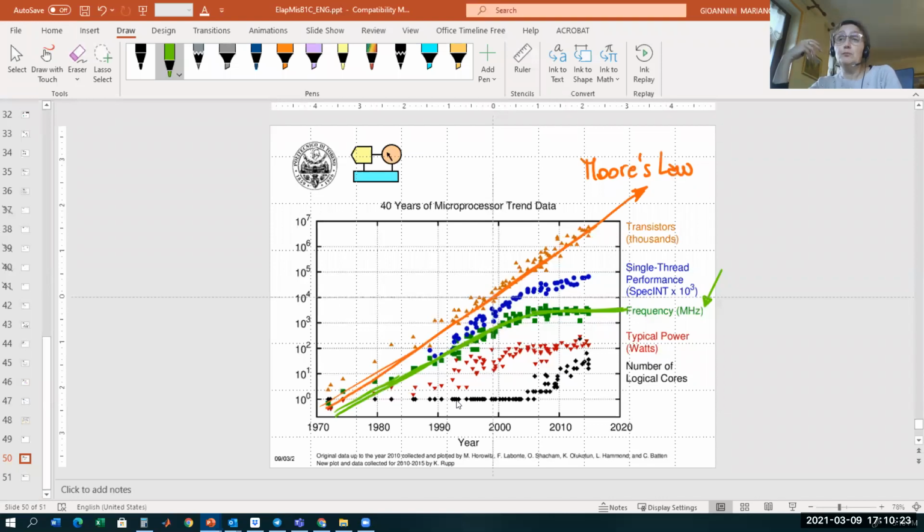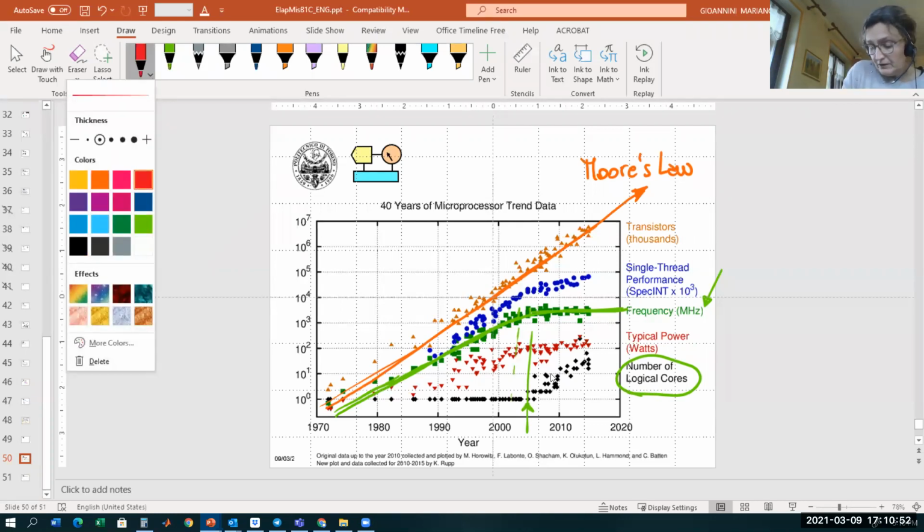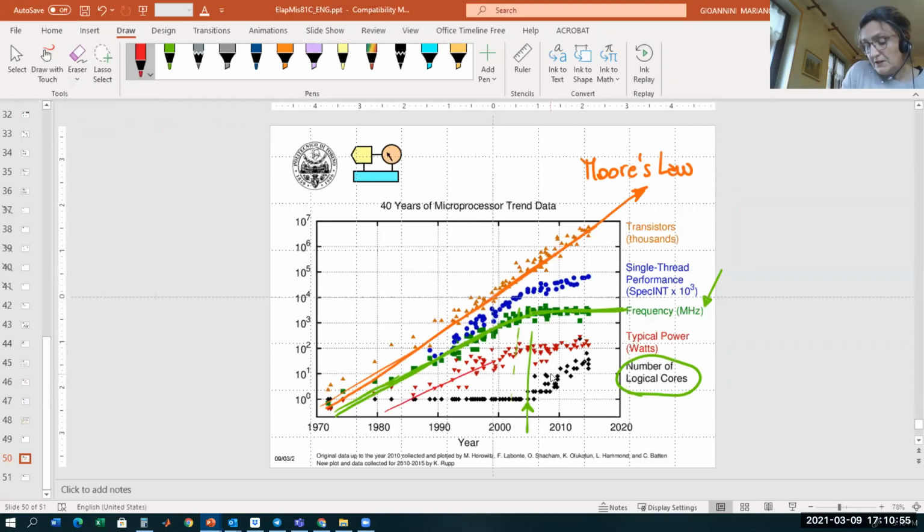So if you want to improve the performance of your processor, instead of using one core, the other solution is, okay, I cannot increase the performance by increasing the clock frequency, so I will increase the number of cores, of processing units. And also here you can see that together with the increase of the clock frequency, you have also the increase of the power that you have to dissipate, that is reaching now hundreds of watts.